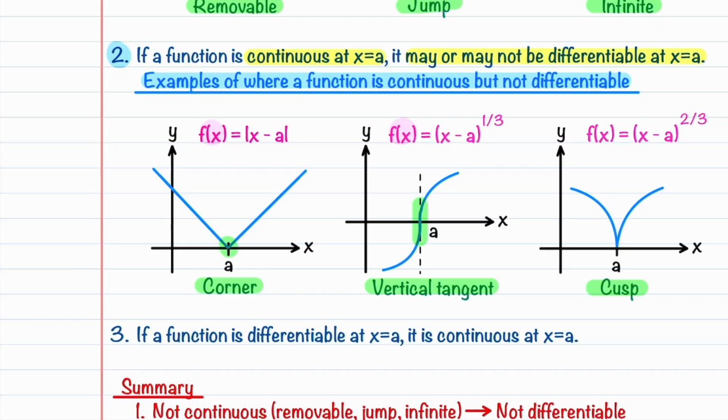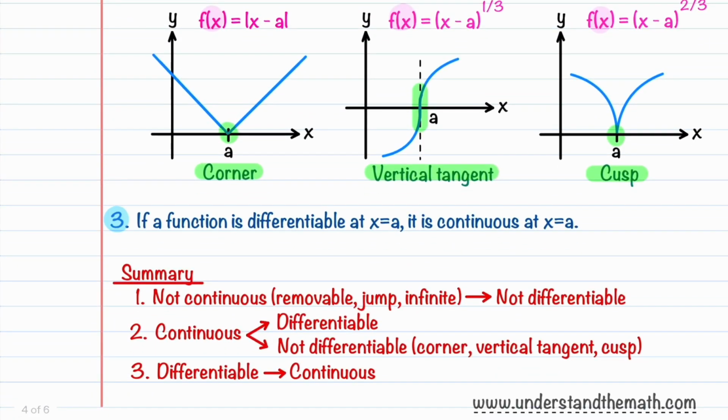A function is not differentiable at the point where you have a cusp. An example of this is the function f of x equals (x minus a) raised to the 2/3 power. The third fact is that if a function is differentiable at x equals a, then you can know that it is also continuous at x equals a.